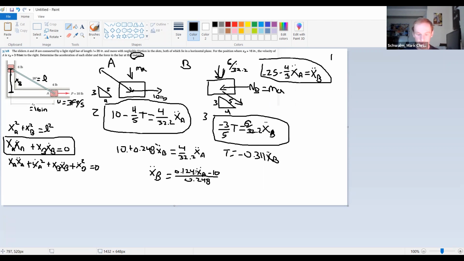If we set these equal to each other, we'll get 0.5 x double dot a minus 40.32, and that will be equal to negative 25 minus 4 thirds x double dot a.